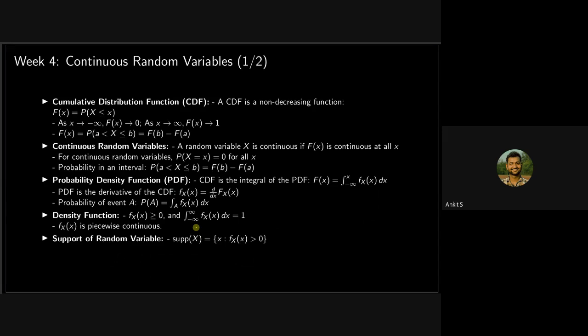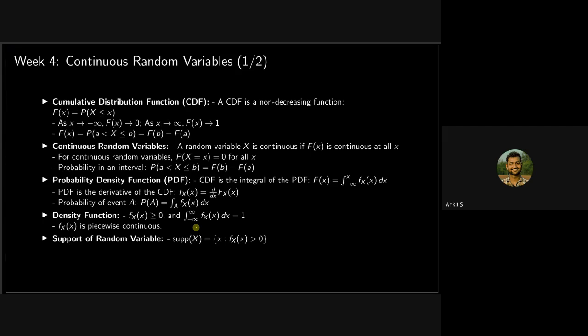Then coming to week 4, I took the very first TA session of this September term for Stats 2. I discussed the whole structure of the course, right? From week 1 to week 3, we discussed discrete random variables. We studied multiple random variables and various properties. Then from week 4 to week 6, we discuss continuous random variables.